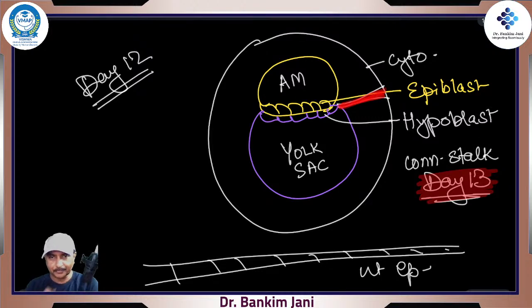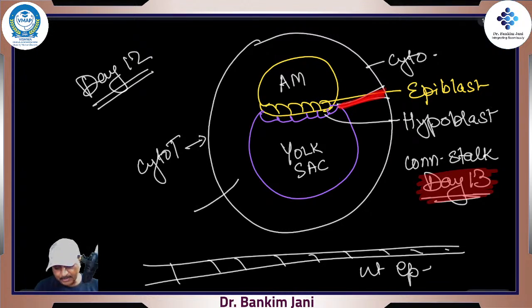We have the epiblast and hypoblast. Surrounding is the cytotrophoblast, and then all the rest of the cells.